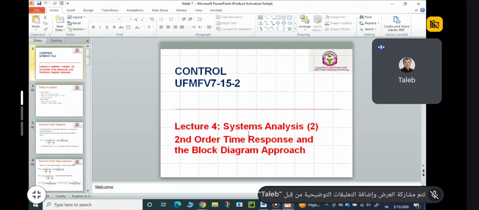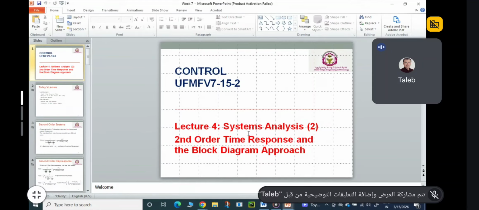So in the first order we saw if unit step we have such a curve like this. If we have impulse, it comes down like this. If we have ramp, it goes linearly parallel with input. That is for first order system. Now we go for second order system.